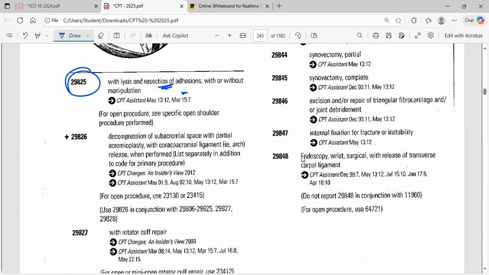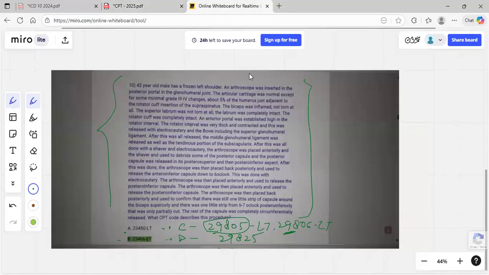Adhesions means the tissues have been joined with each other. Now let's go back to the question. Now we know the difference between these three options. Now we have to read the question to understand what is actually performed.